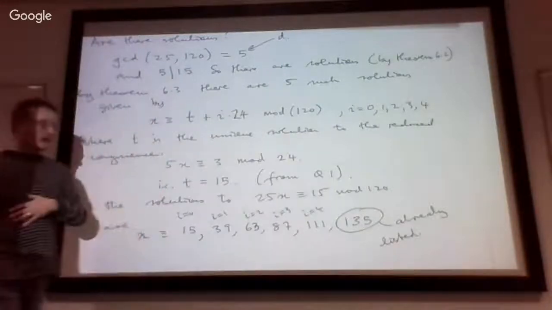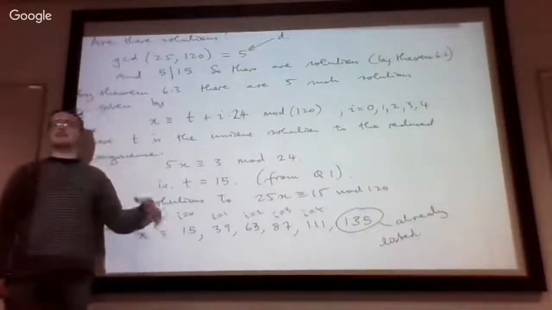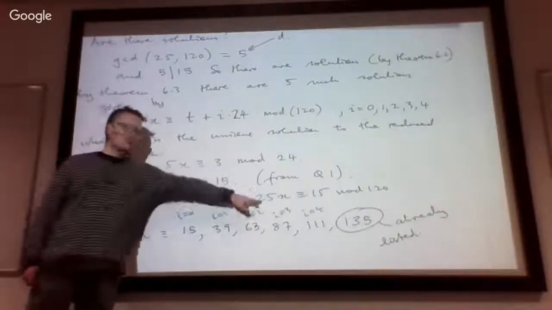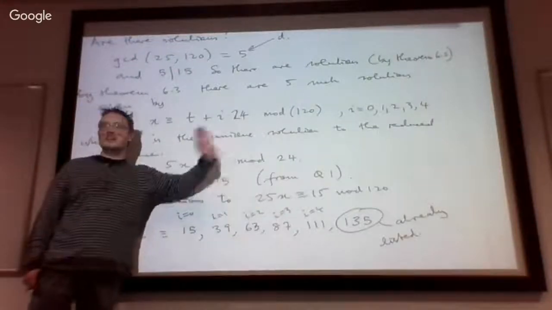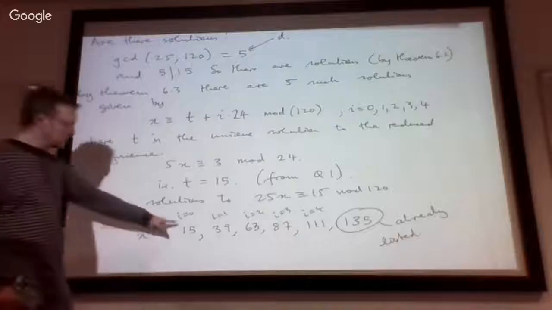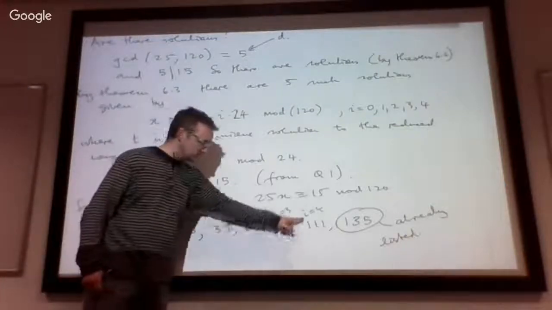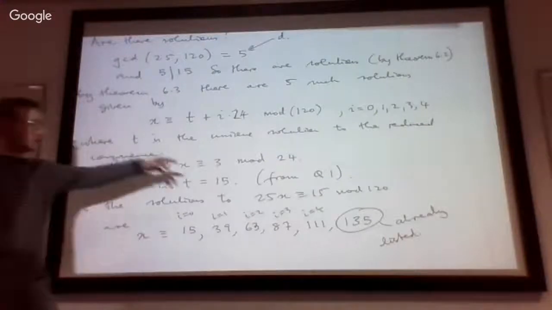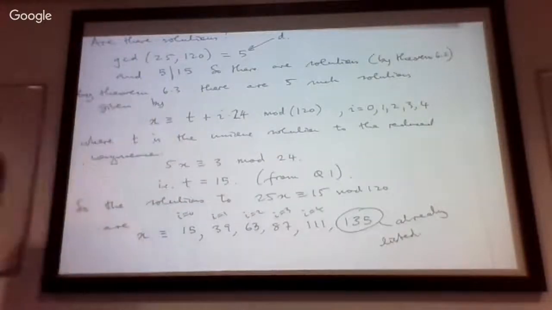Having already listed 15, we already know anything congruent to 15 will be another integer solution. We're not interested in repeatedly listing equivalent integers. But these 5 integers here are all different modulo 120, and they are all solutions of this problem.